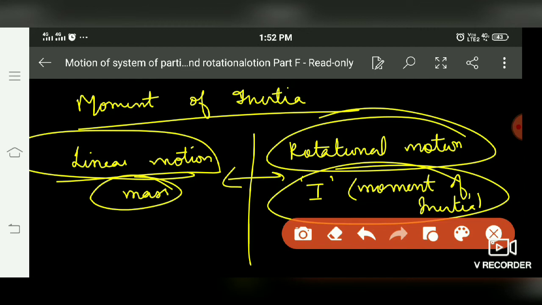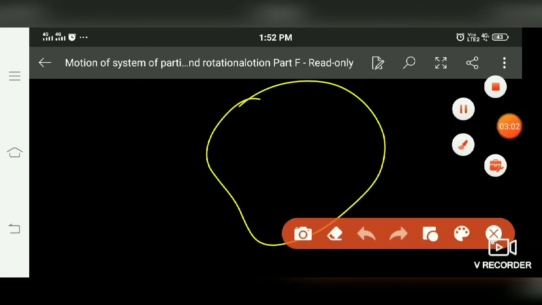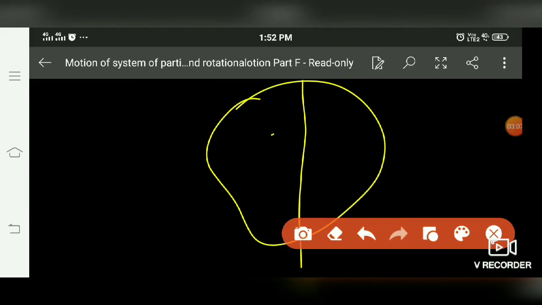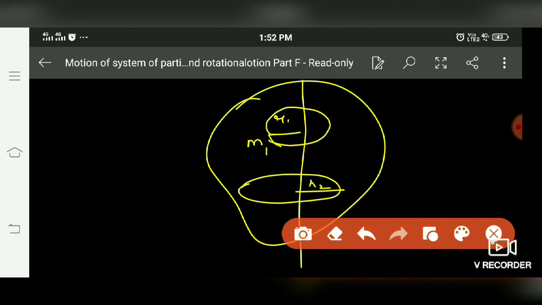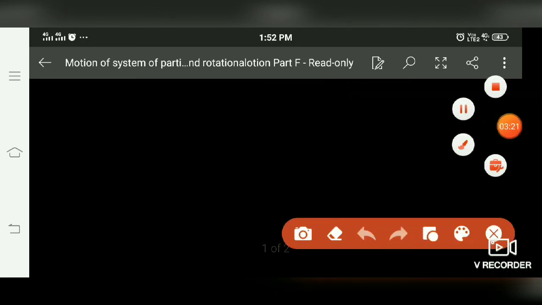So the value of this moment of inertia, suppose we have a rigid body, this is the axis of rotation. The distance of the first particle is r1 and it's making a circle of radius r1. The second is making a circle of radius r2, this is m2, and the nth is making a circle of radius rn. So what does the moment of inertia state?